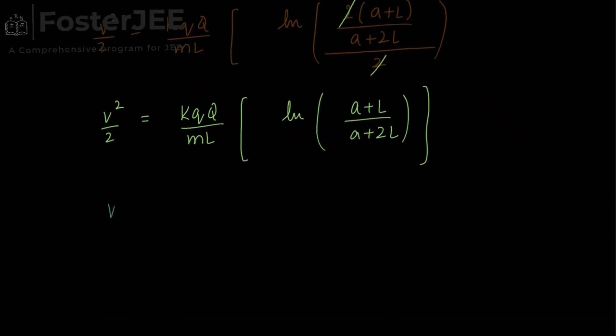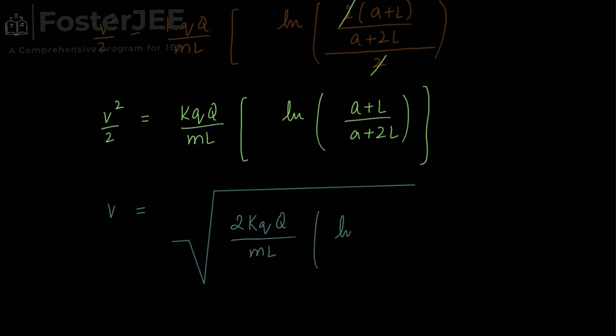Hence the velocity v becomes root over 2KQq upon ml ln of a plus l upon a plus 2l.